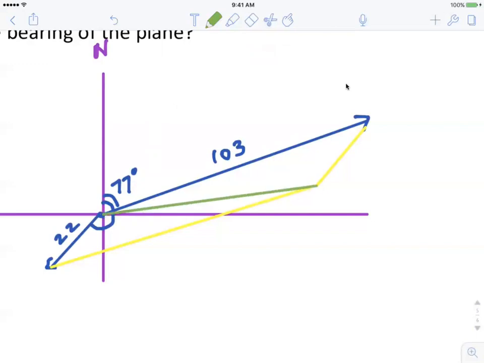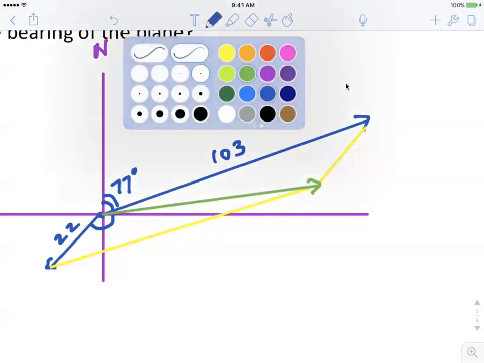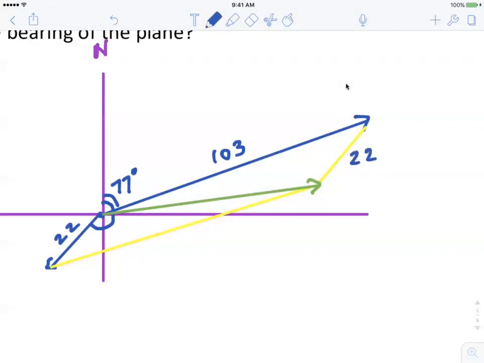There's your true course and magnitude of the plane. Now I'm going to focus on that upper triangle, because I know this over here is also 22, and I need to find some angles inside that triangle.